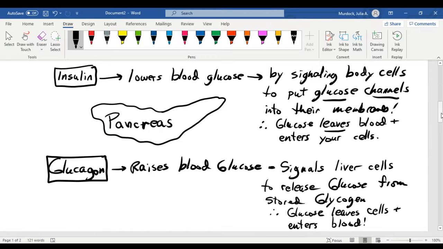And if it gets too high, it sends out insulin into your blood, which goes to find your body cells and puts glucose doorways into them so they can take the glucose out of the blood. If the blood sugar gets too low, the pancreas stops secreting insulin and starts secreting glucagon, which goes to the liver and releases glucose from stored glycogen. Okay?